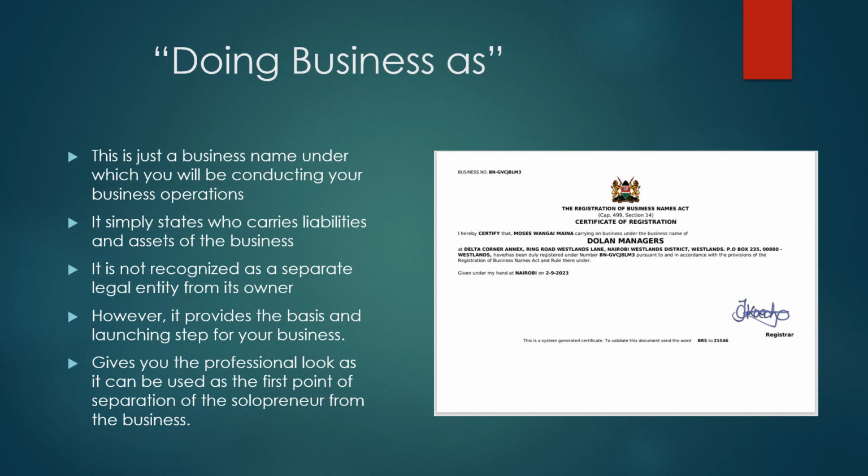It also gives you the professional look, as it can be used as the first point of separation of the solopreneur from the business. And using this certificate of registration, for example, this is mine, Dolan Managers, and you can see I first registered the name, I secured the name, and I operated with this from 2nd of September 2023 before I incorporated into Dolan Managers Limited.